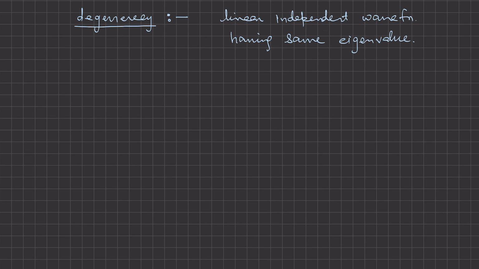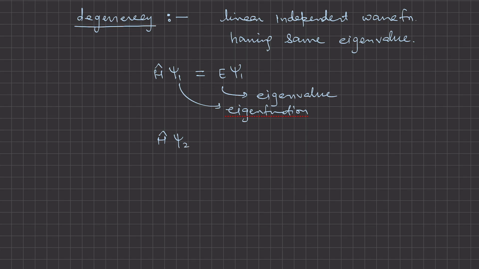And I think you must be aware of the relationship of eigenfunction and eigenvalue. So eigenfunction is just a wave function, but if you operate, suppose, a Hamiltonian on a given eigenfunction psi 1, and you get energy E times that same eigenfunction, then you can say that this is the eigenvalue and this is the eigenfunction. But there might be another case where the Hamiltonian on psi 2 also leads you to the same energy eigenvalue.